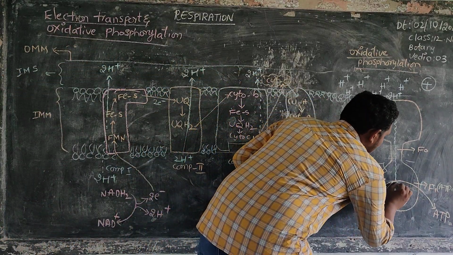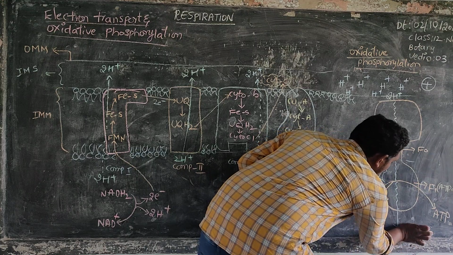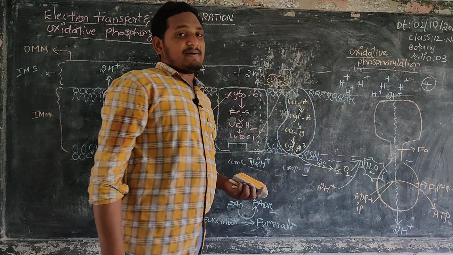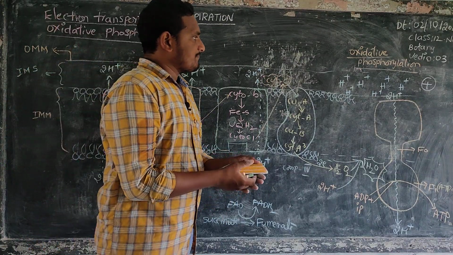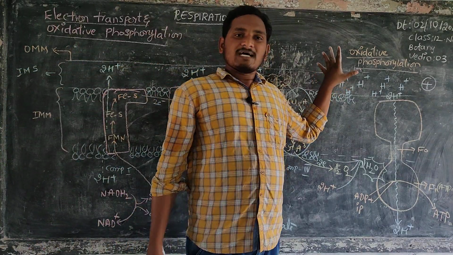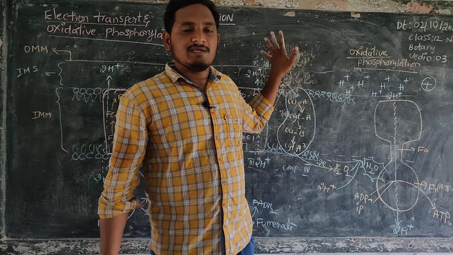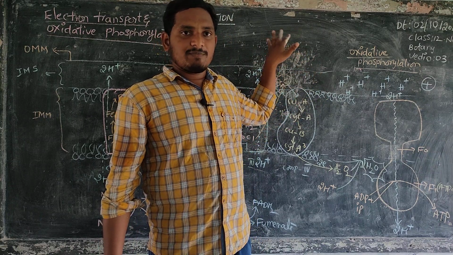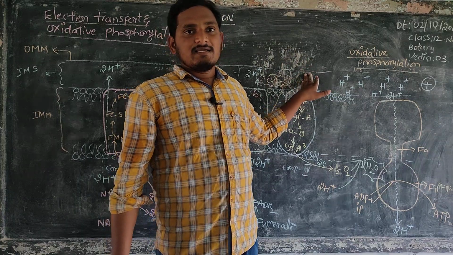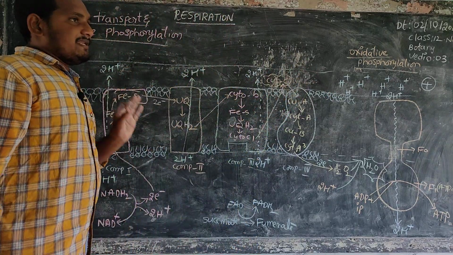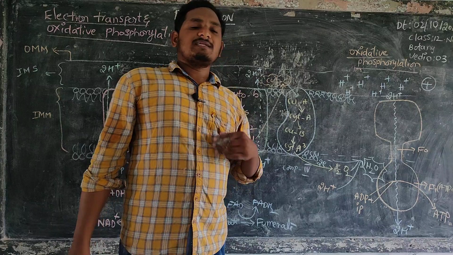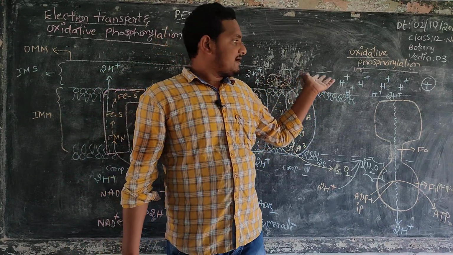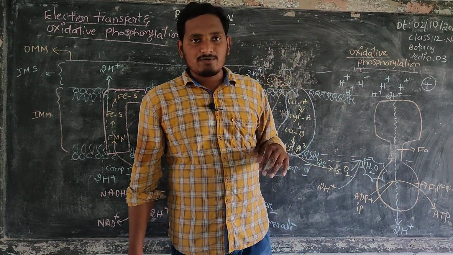The remaining energy comes to the matrix as usual. It means a proton gradient is formed in the intermembrane space, between the inner and outer membranes. In this space, from NADH to FADH2, the reduction produces a number of protons that accumulate, forming a high concentration gradient.